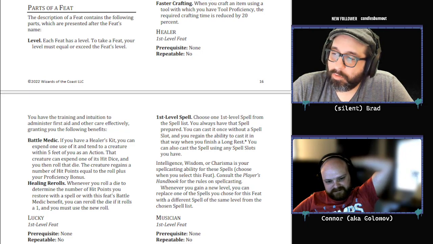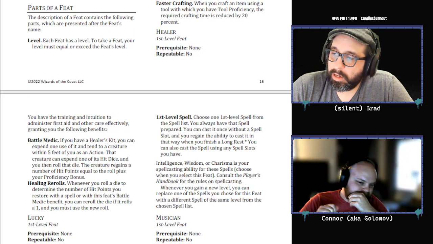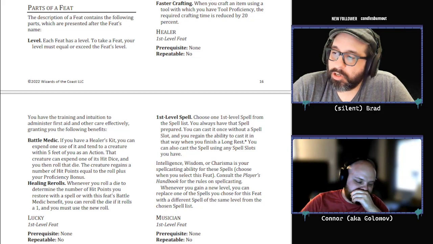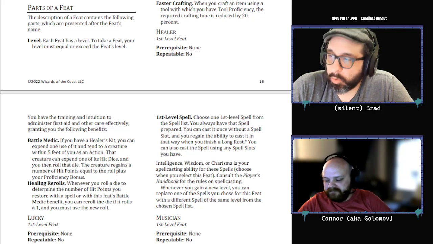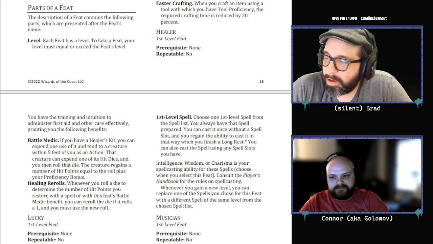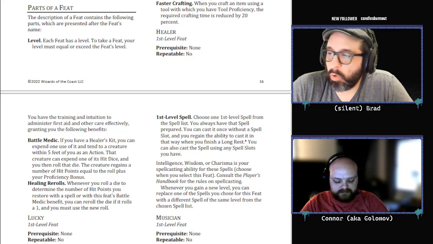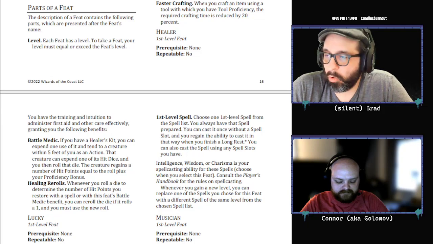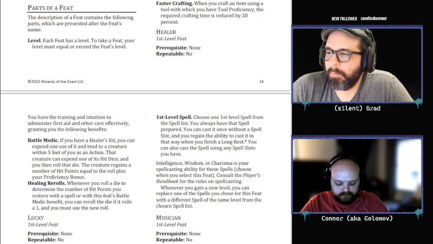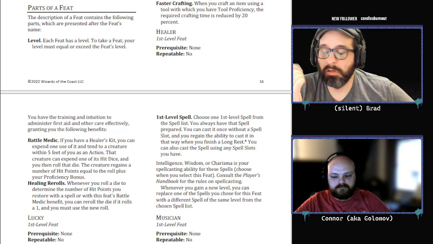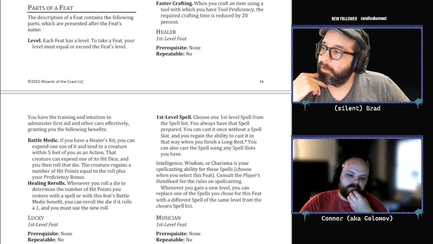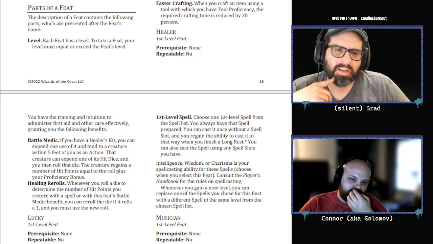And then healing rerolls: whenever you roll a die to determine the number of hit points to restore, including with Battle Medic, if it rolls a 1, you can re-roll the die, and you have to use the new roll, which is good. Isn't that from Life Cleric?